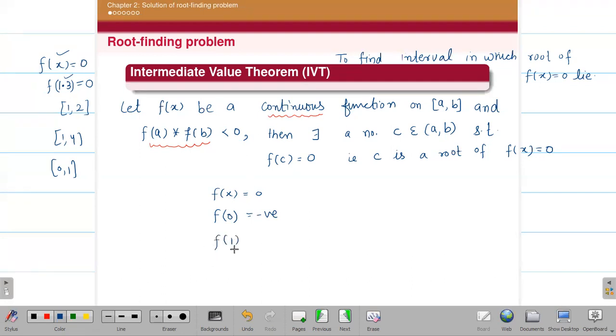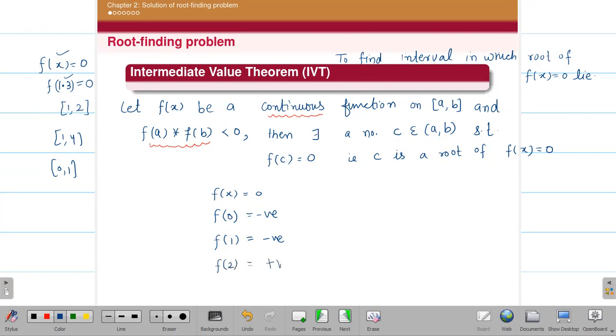Then I will check f of 1. You can check at 0.5 also, but if I take natural numbers only, suppose f at 1 is again negative, so that will not give you anything. It means the root will not lie in 0 to 1 because you are getting the same sign here. Okay, so next I will find the value at 2.